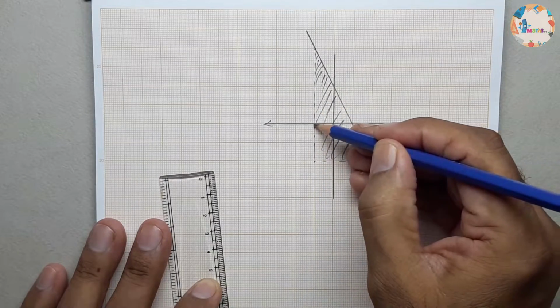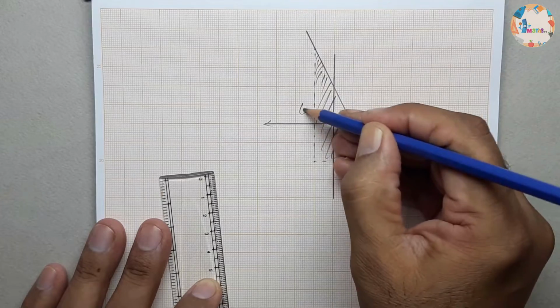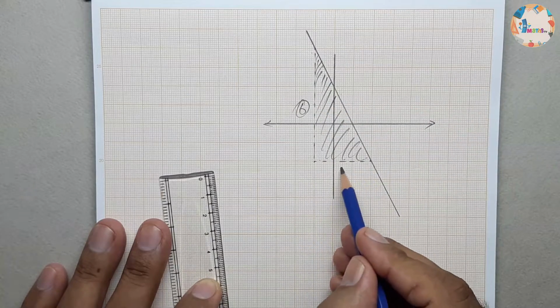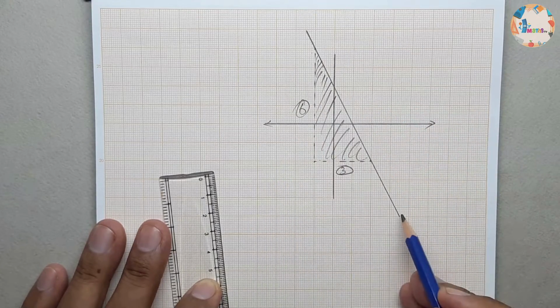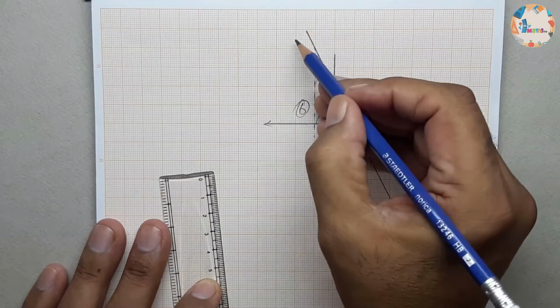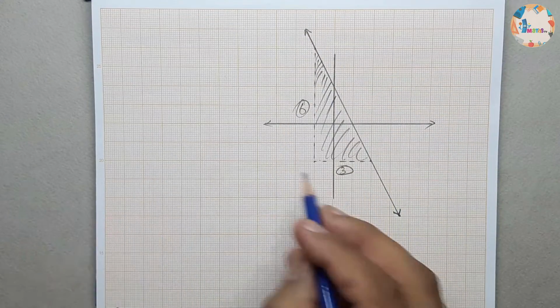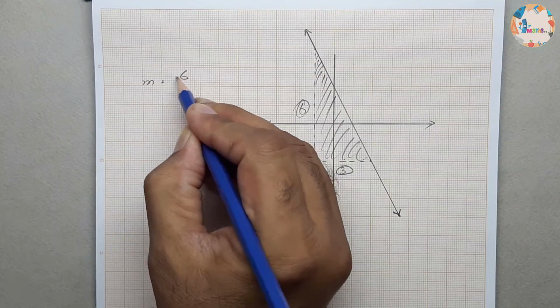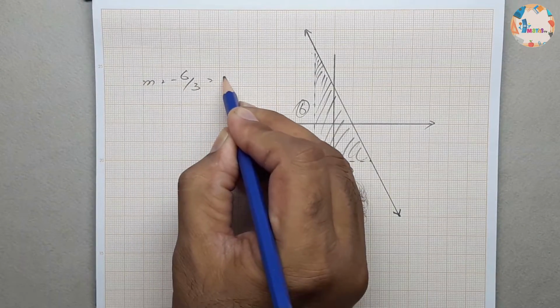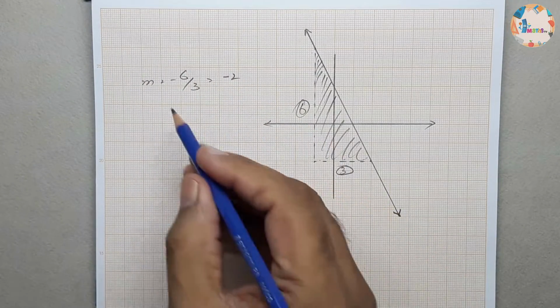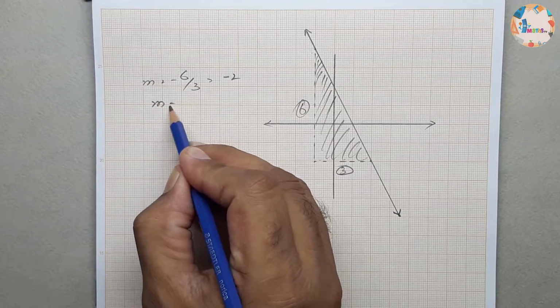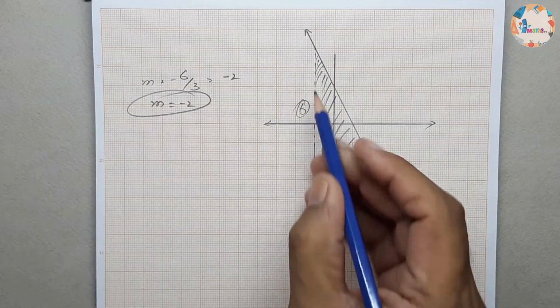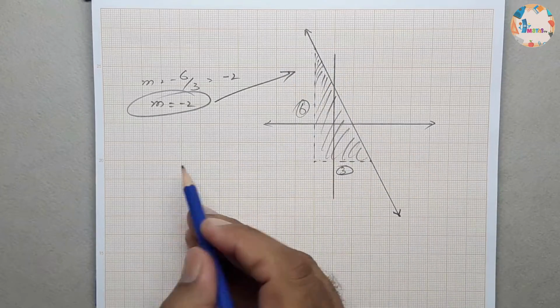So 1 2 3 4 5 6 units on this side, and 1 2 3 units on this side, but it's sloping right side down, so I will take it as negative. So m value will be equal to minus 6 by 3, which is equal to minus 2. So the slope of this line is minus 2.